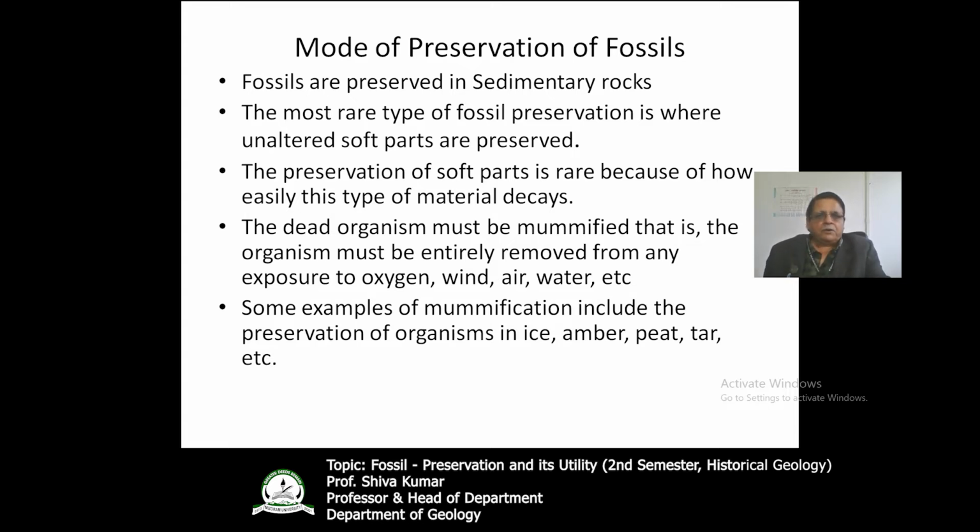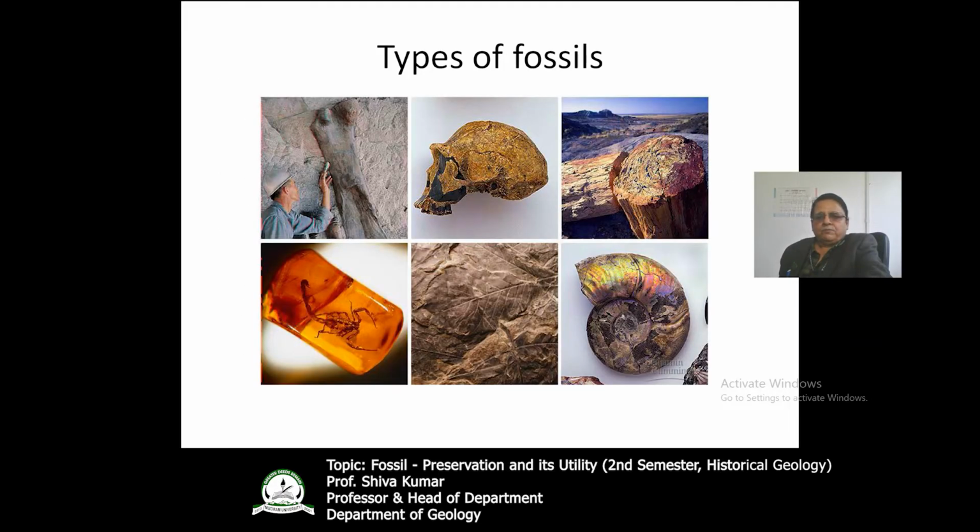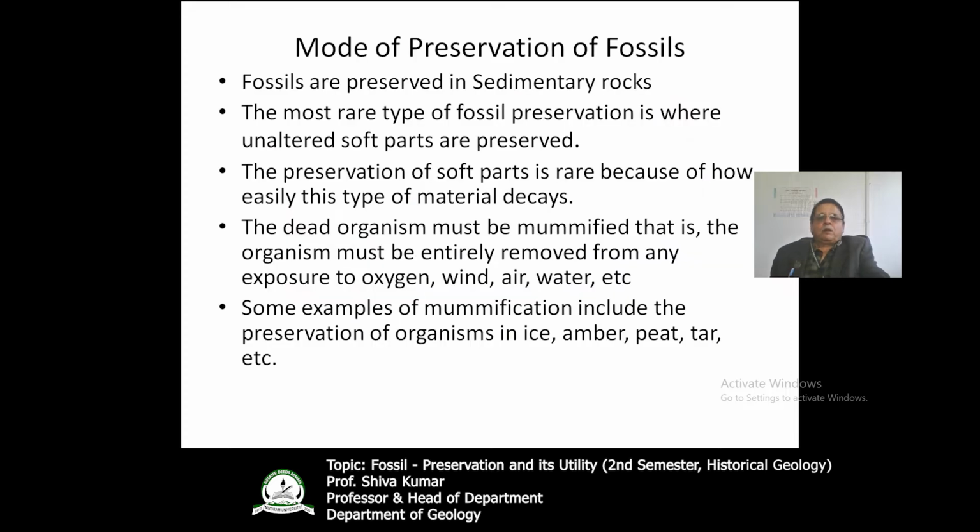The rarest type of fossil preservation is where unaltered soft parts are preserved. The preservation of soft parts is rare because of how easily this type of material decays.